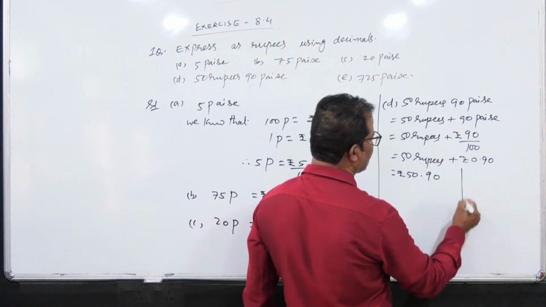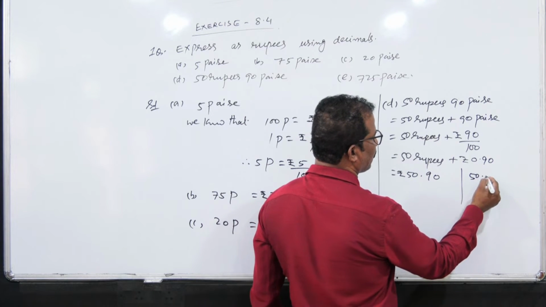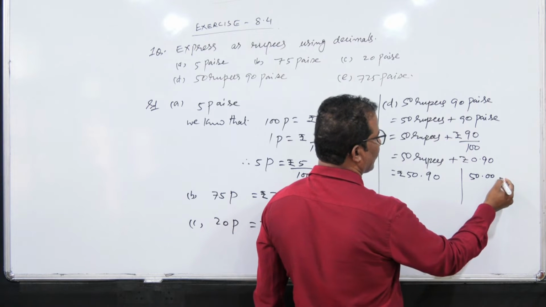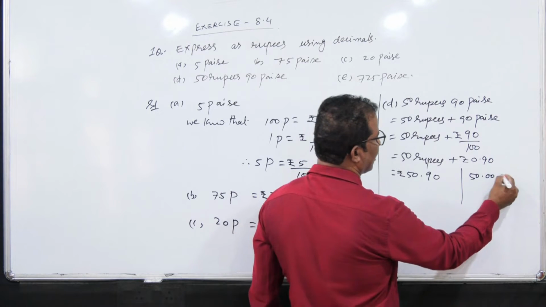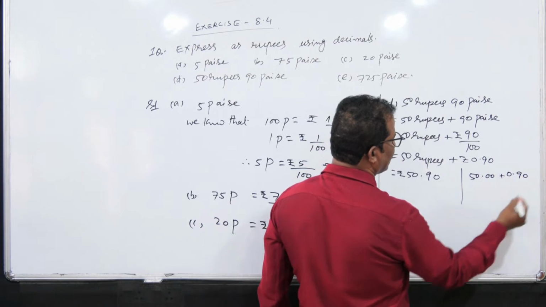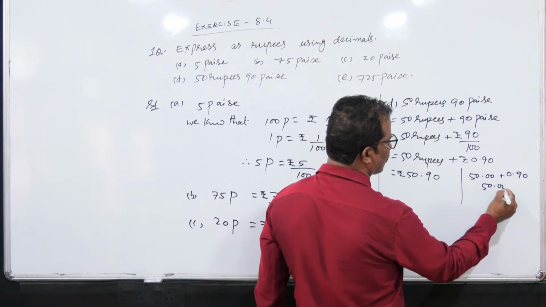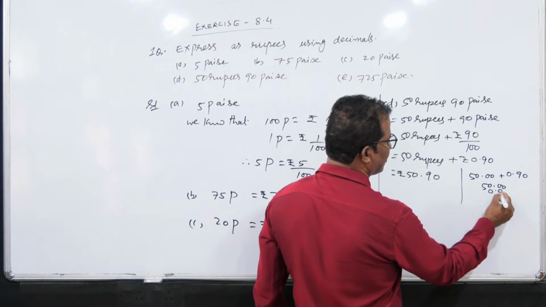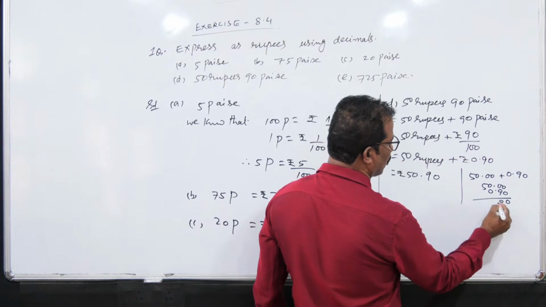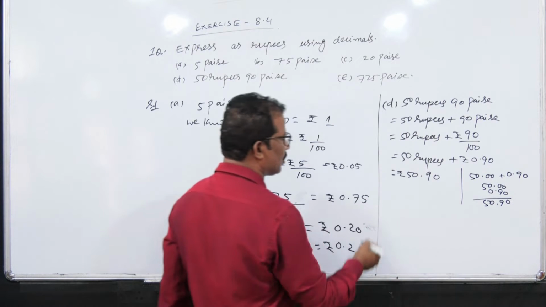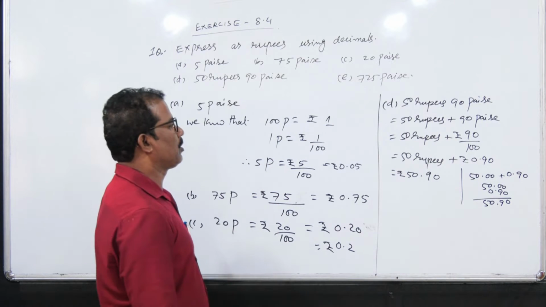You know, 50 means 50.00. We have converted into like decimals, and it is 0.90. So we can write 50.00 and 0.90. So we will get how much? 50.90 only. So rupees 50.90.